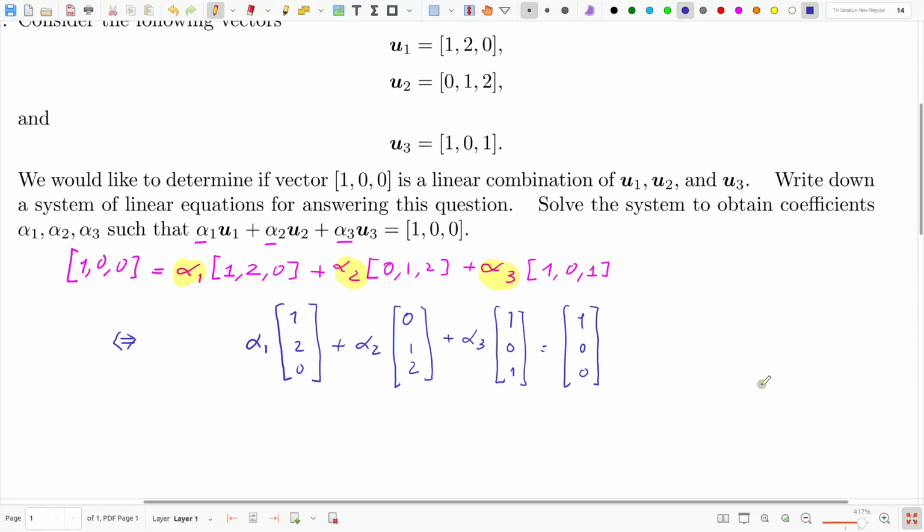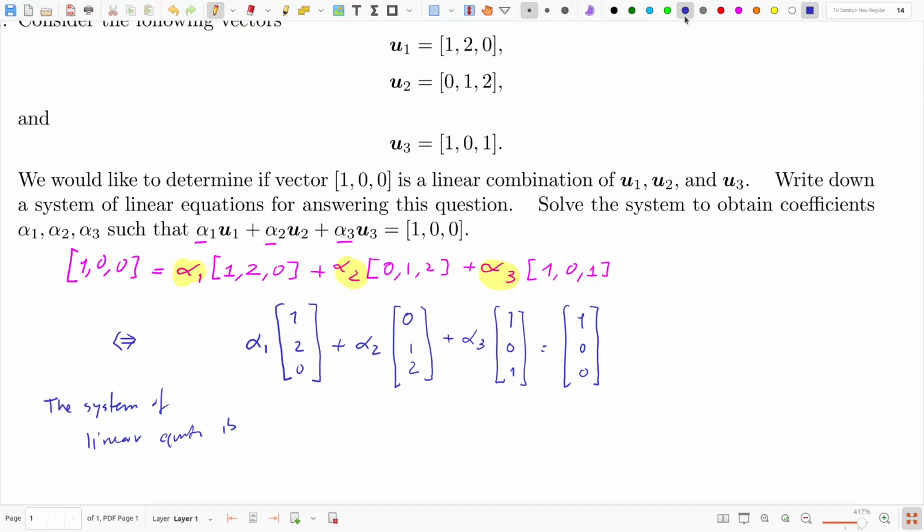Okay, so let me write down the first equation for you. The system of linear equations is, so the first row is going to be, if you don't really like alpha, you can write x, it's okay.